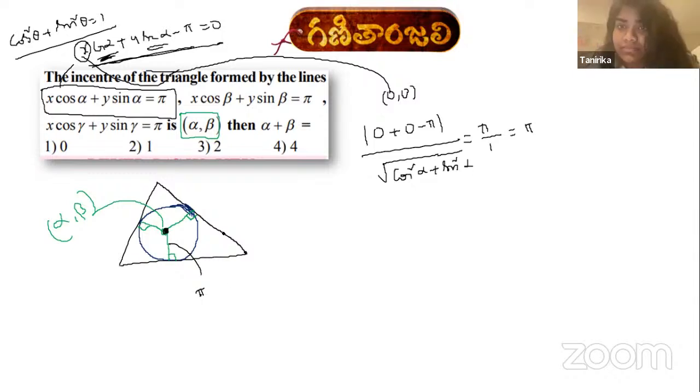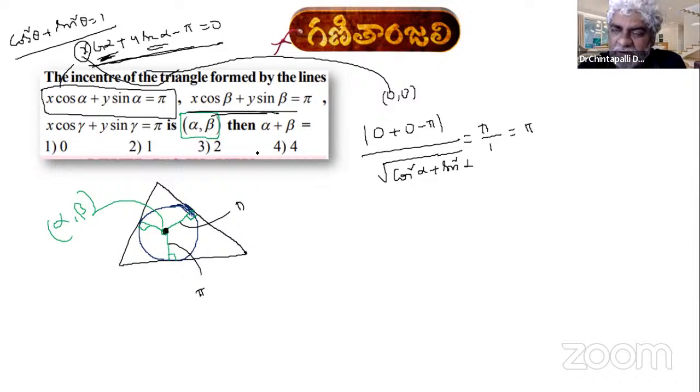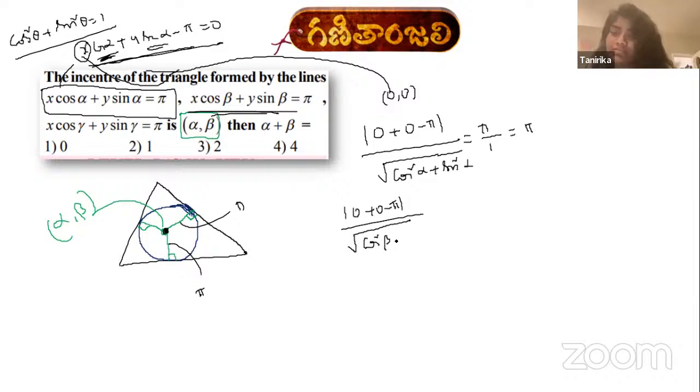Similarly, all the distances are pi only. Let us check. What is the distance of this line from 0, 0? Mod of 0 plus 0 minus pi by the square root of cos square beta plus sin square beta. What is cos square beta plus sin square beta? 1 only. So it is just pi.